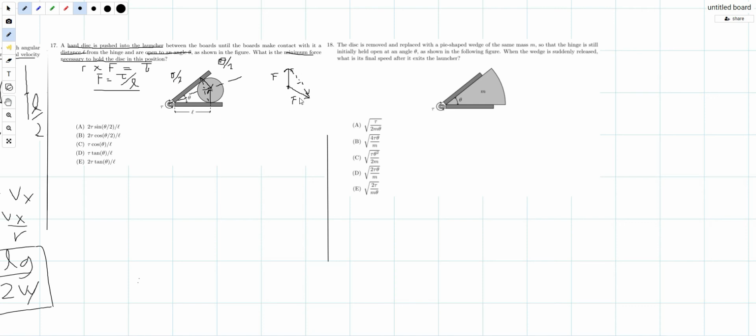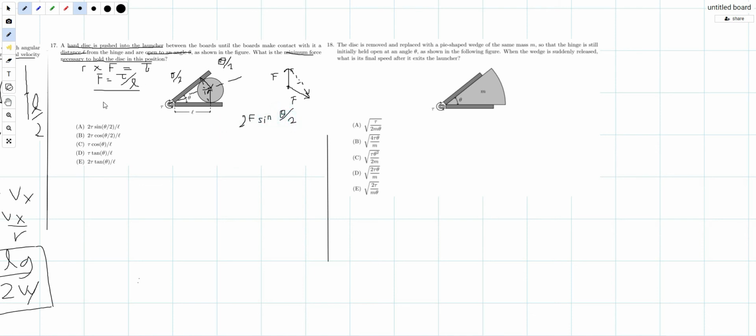However, since both of the forces from both of the boards are contributing to this force, the net force pushing the disk out is 2F sine of theta by 2.